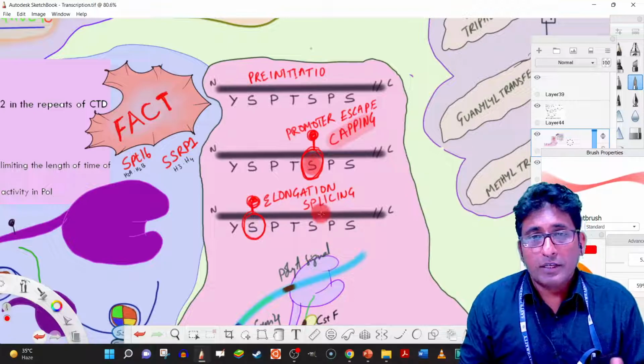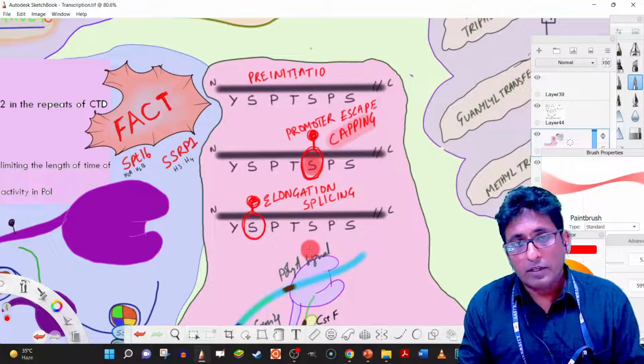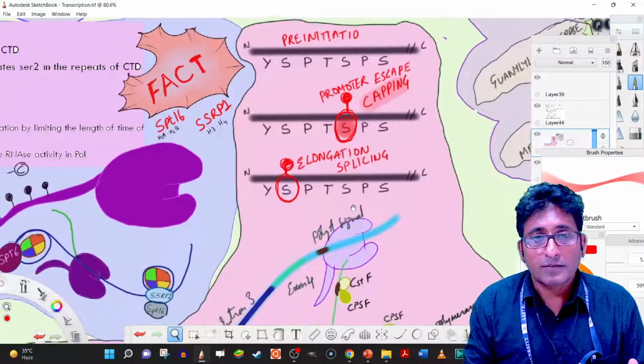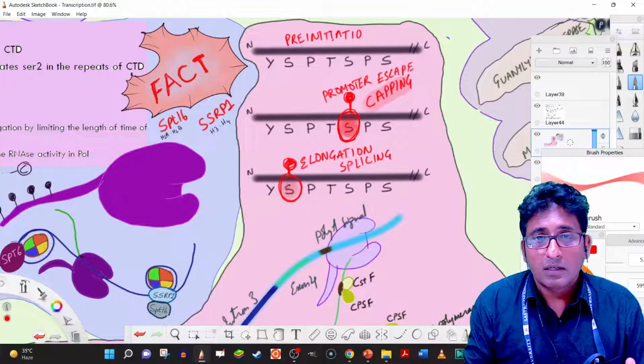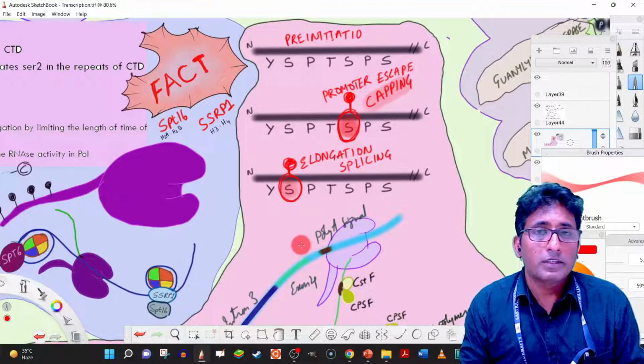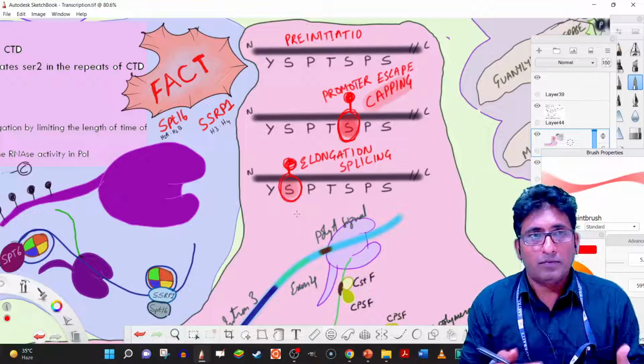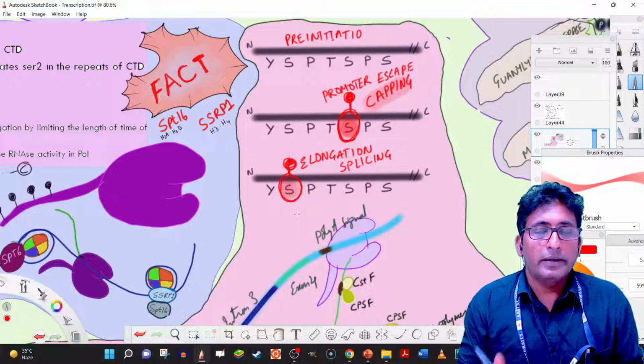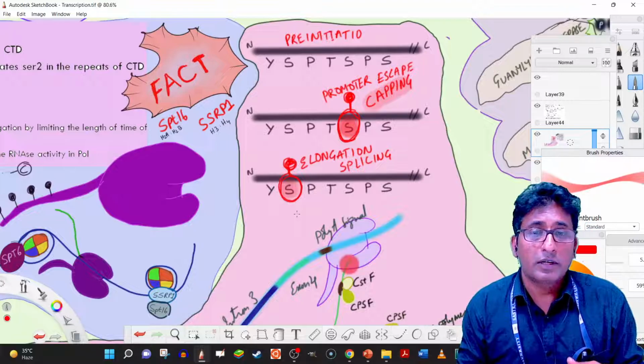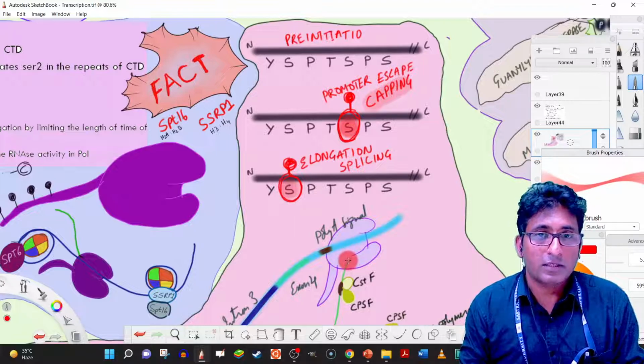At a later stage, during elongation, as we have seen, the serine at position 2 is important, and its phosphorylation will facilitate elongation and at the same time recruit the proteins for splicing.